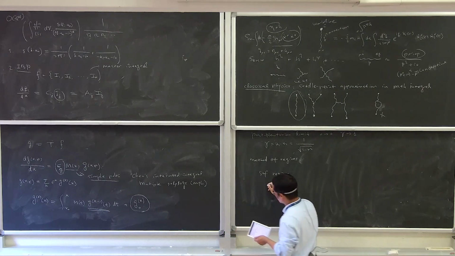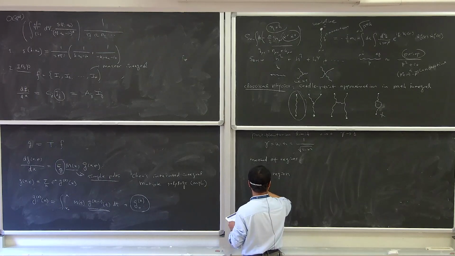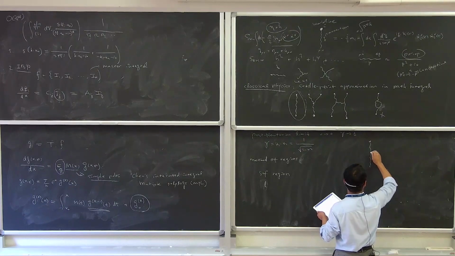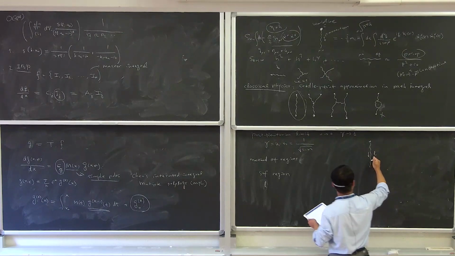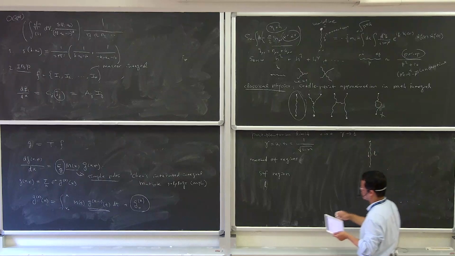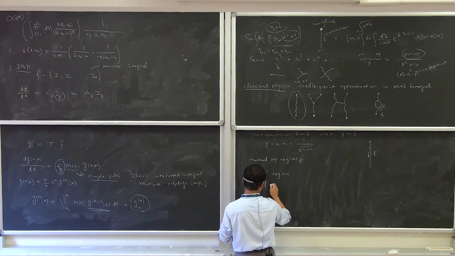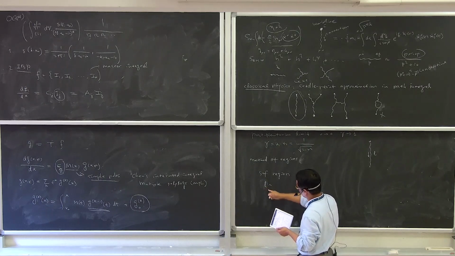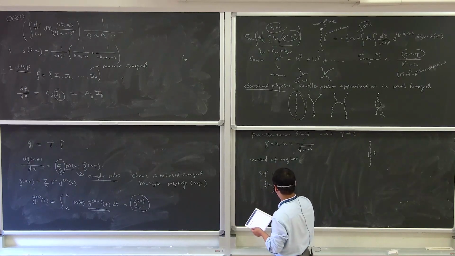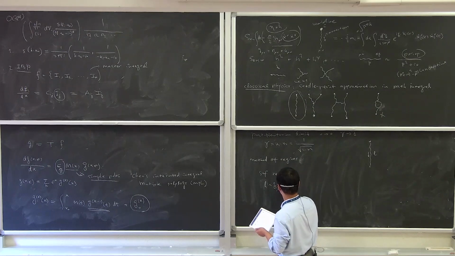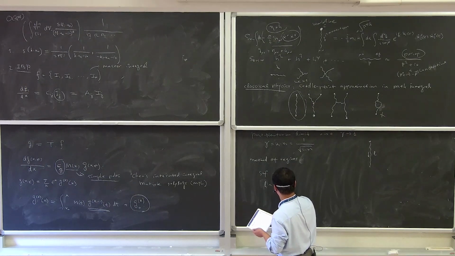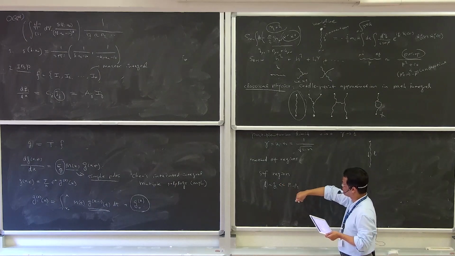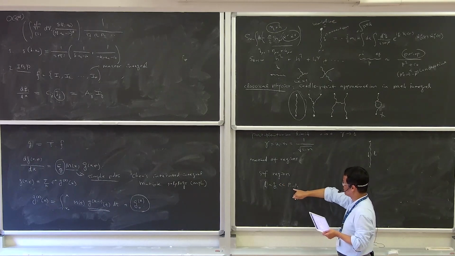Soft region means, for example, this is the momentum carried by a graviton. This is the loop momentum of gravitons, and this is the momentum transfer. This is much bigger than P1 or P2. P1 and P2 are just the momenta of two massive bodies, meaning black holes or neutron stars.